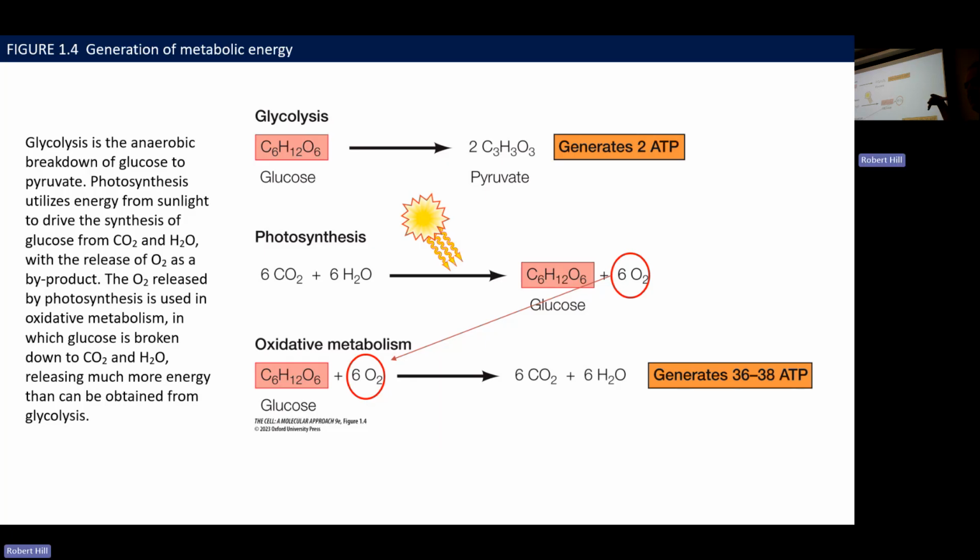So now the Earth started to build up oxygen in its atmosphere, and cells could evolve this other method of creating ATP called oxidative metabolism or oxidative phosphorylation. And this generates a lot of ATP per one glucose molecule. So this is something that could sustain the life of a complex eukaryotic cell that has a lot of enzymes that need a lot of ATP to do the work.